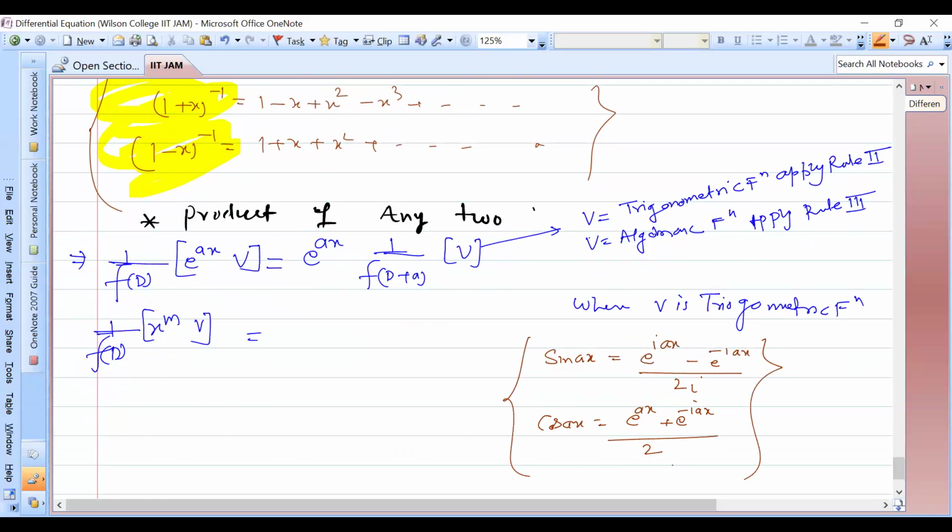Are you familiar? Yes, sir. So if you substitute in place of V, what do we get?